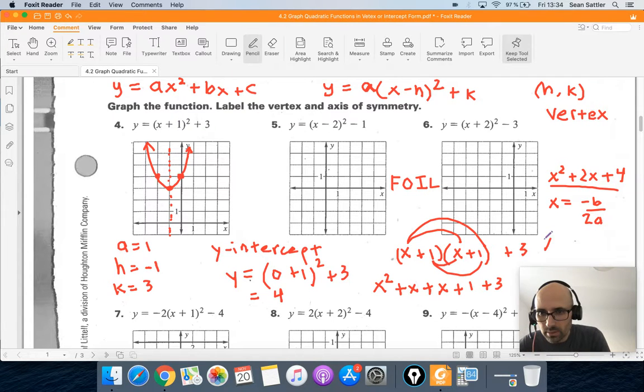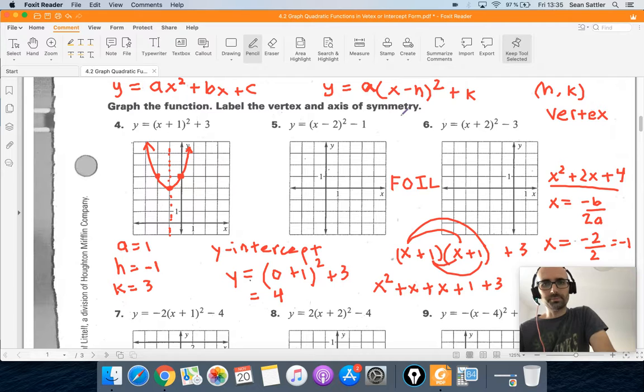So if we do x equals negative b over 2a, b is positive 2, so we do negative 2, and a is equal to 1, so we do 2 times 1 is 2, and we can see our axis of symmetry is negative 1, so it's the same. And that's why this vertex form works.